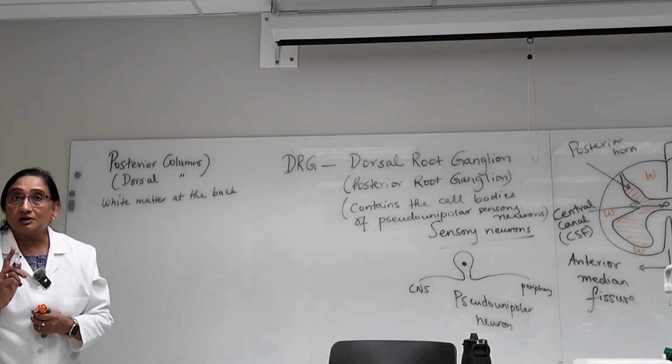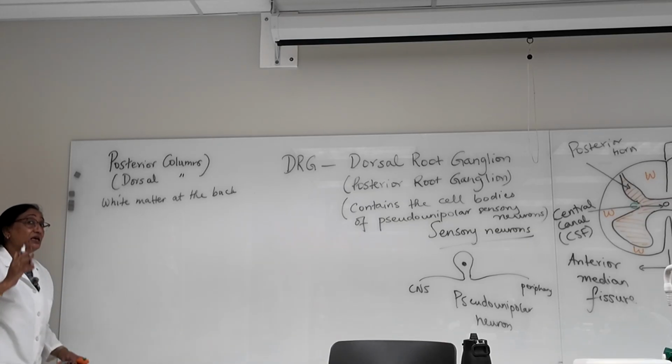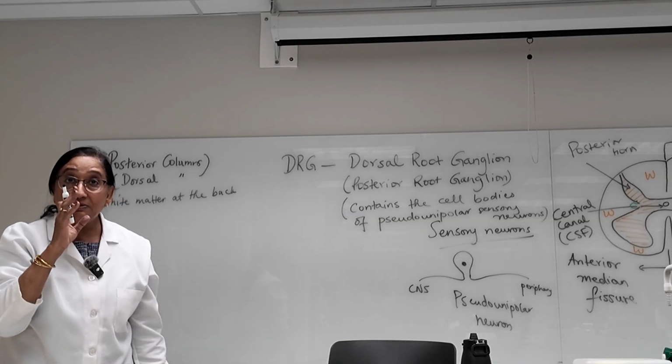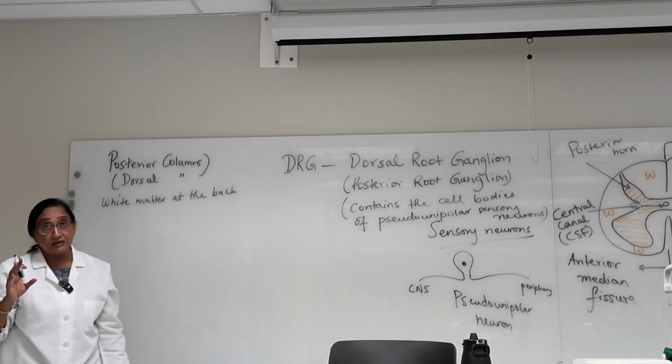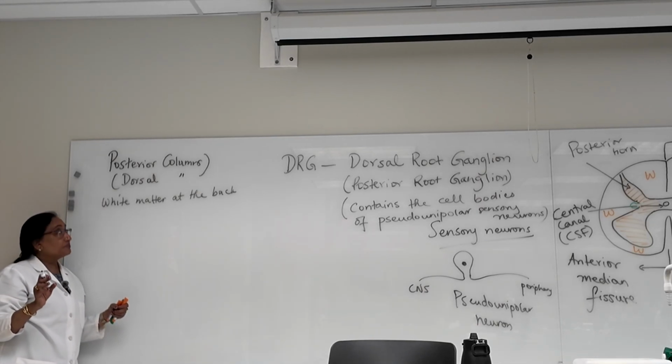Now the posterior columns, and this is all that I want you to know, there are specific names for these columns. If you look at the lecture PowerPoints, the names are there, and in my audio lecture I tell you, do not worry about the names. There are specific Latin names for all these columns.